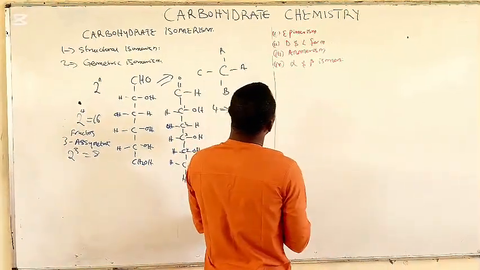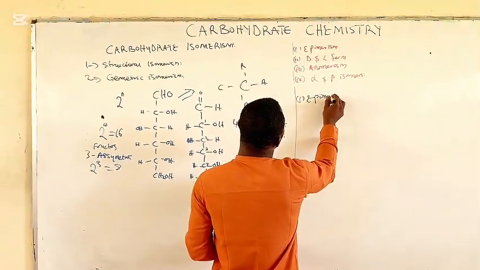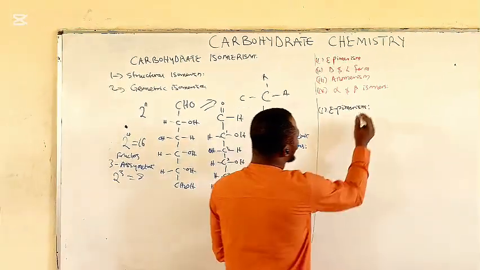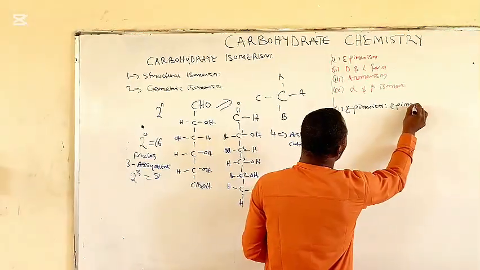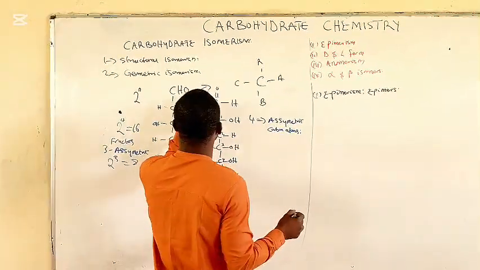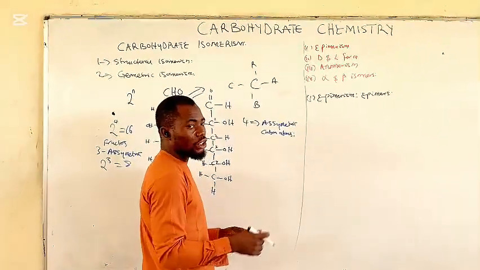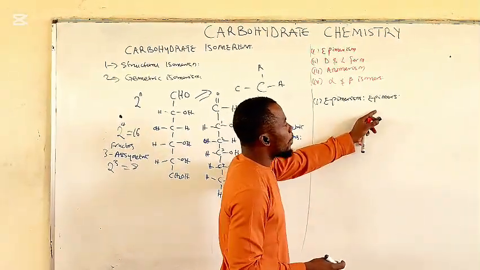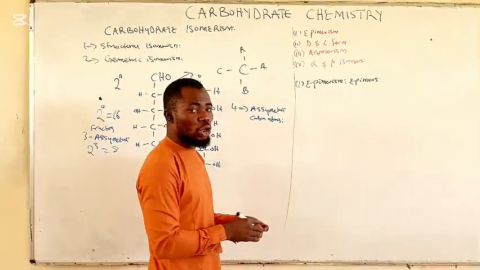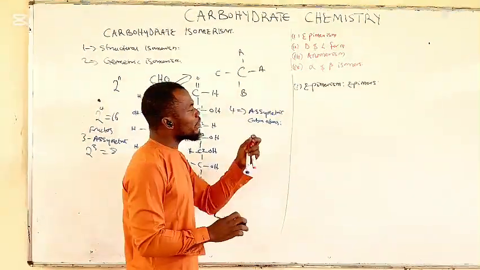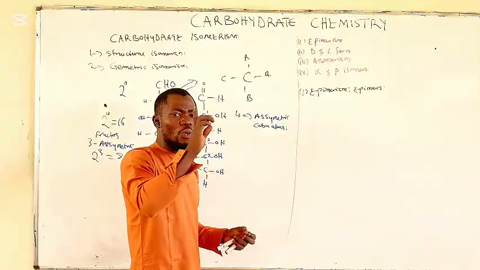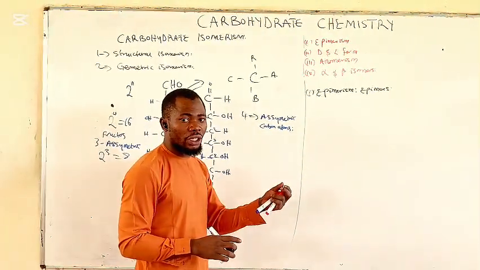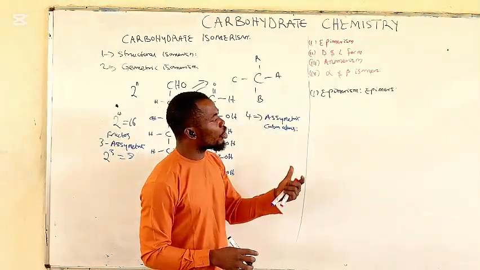First, we have epimerism. Molecules that undergo epimerism are referred to as epimers. Likewise, molecules that undergo isomerism are called isomers. Epimerism is a phenomenon whereby 2 molecules differ from one another at only 1 carbon due to the difference in the orientation of the OH group.